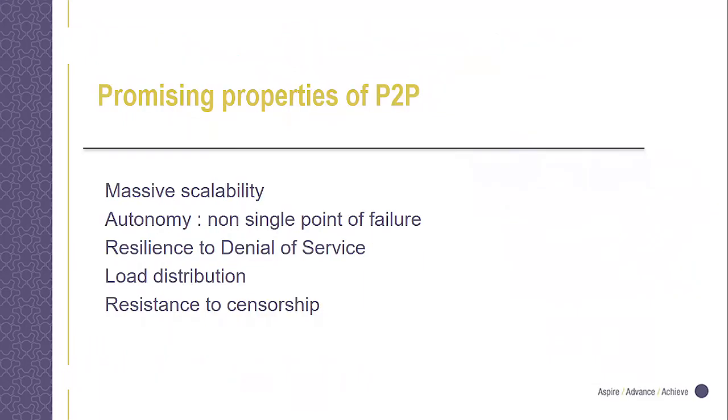So what are the key properties of a P2P network that make it conducive to implementing blockchain technology? One, scalability. Second, there's no single point of failure, because of replication, or rather distribution, of transactions across multiple nodes, which eradicates centralization of activities. There's resilience to denial of service.